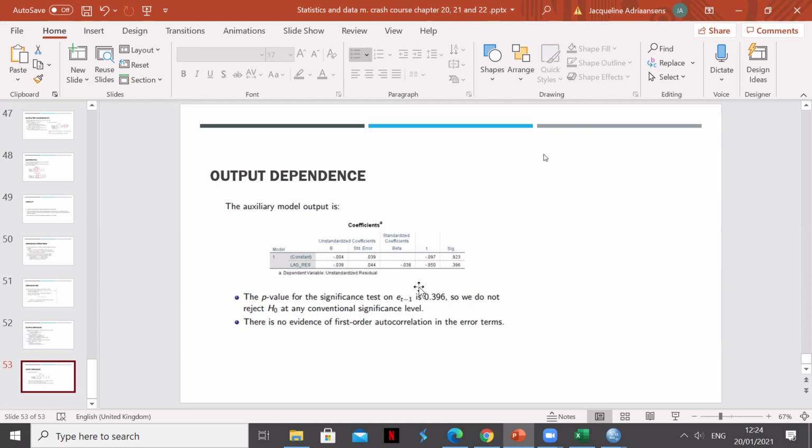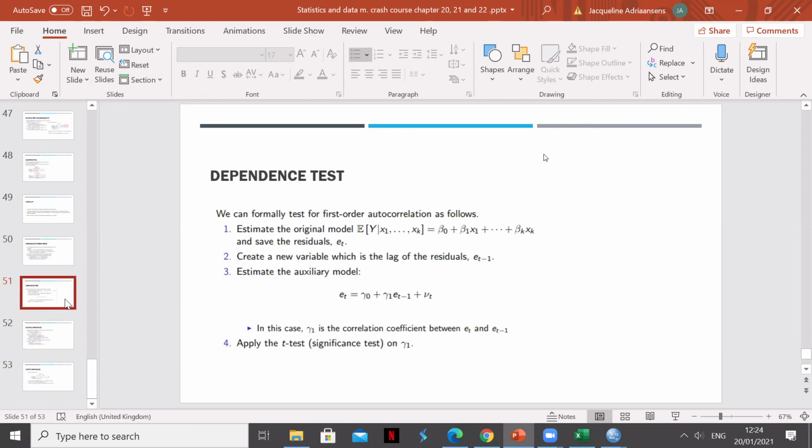And if this is 0, then ET doesn't depend on its lag. So it's not dependent upon the previous day, for example, or the 10 days before it. Thus, the residuals are independent in this case.